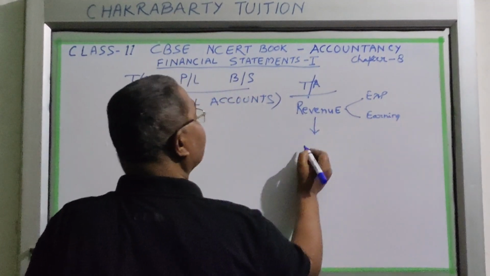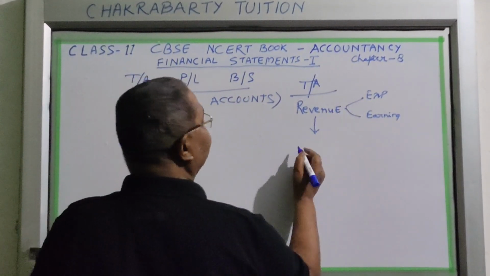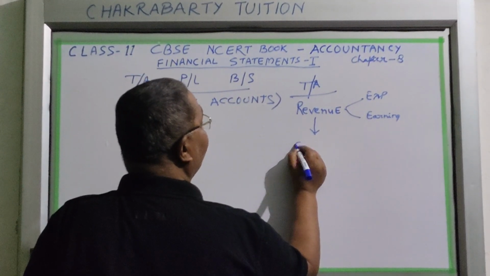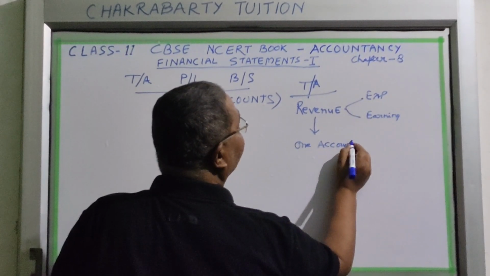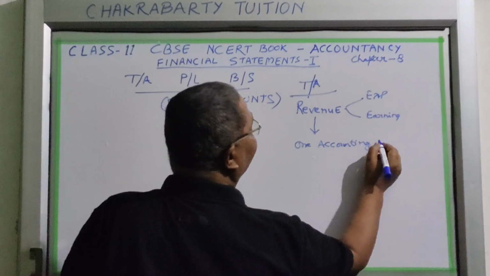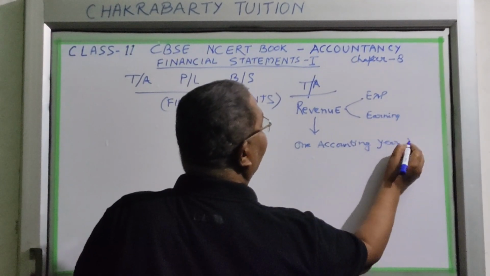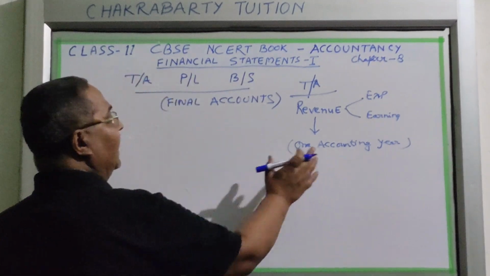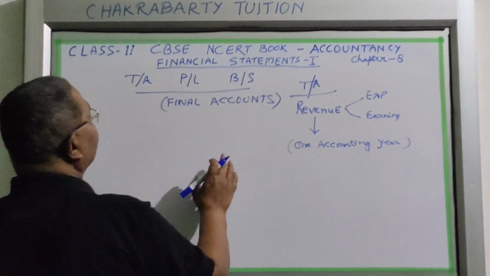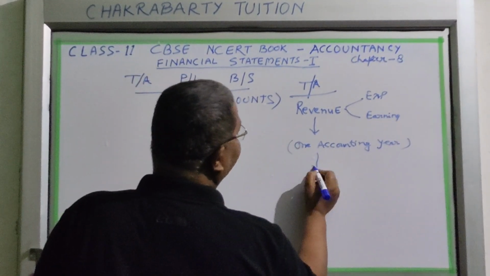Revenue earnings means any income or expenditure that relates to one accounting year or financial year, normally 12 months. And these are of recurring nature.